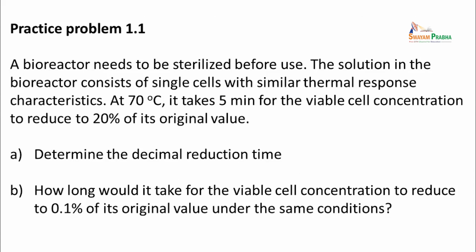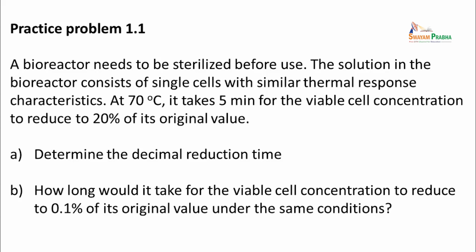The practice problem 1.1. It read, a bioreactor needs to be sterilized before use. The solution in the bioreactor consists of single cells with similar thermal response characteristics. At 70 degrees C, it takes 5 minutes for the viable cell concentration to reduce to 20% of its original value.